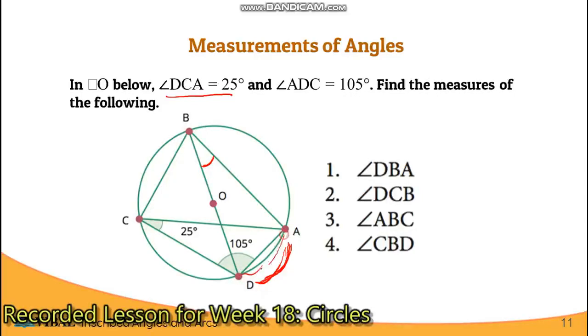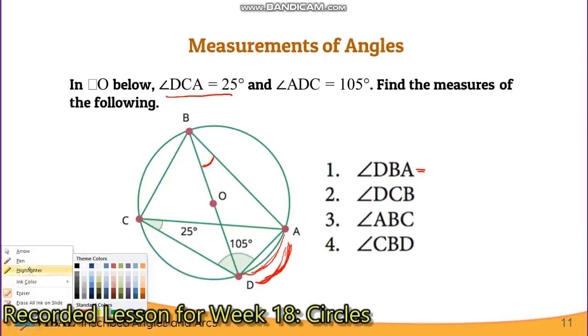Now, if we want to find the measure of angle DBA, what is our formula? This is equal to the measure of angle DCA. Okay, very good.